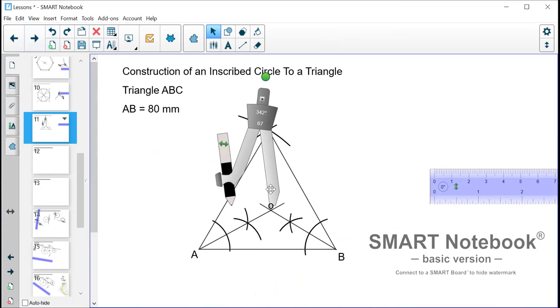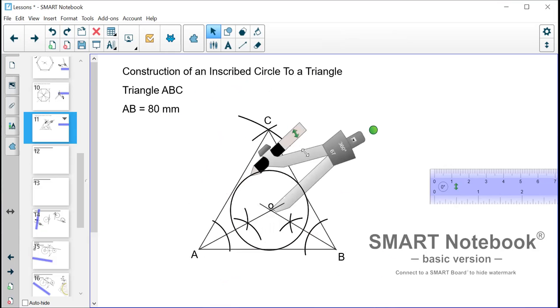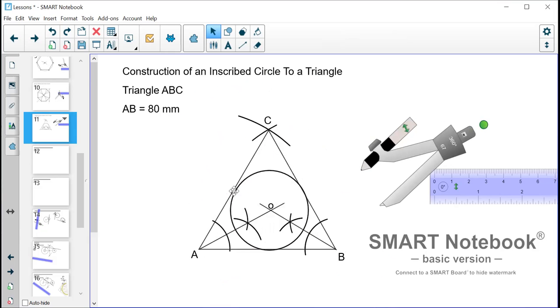And of course, if you are like me in what I did here, where it's not completely accurate, you will end up with some problems like this, where one side does not touch. And sometimes you'd have another side cutting and all of those things, right? It might pass through the line and so on.